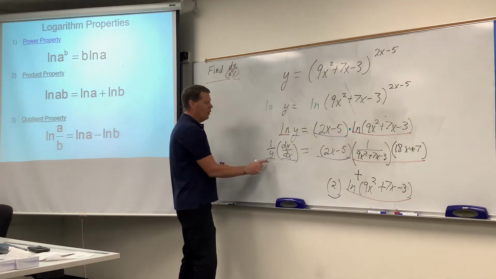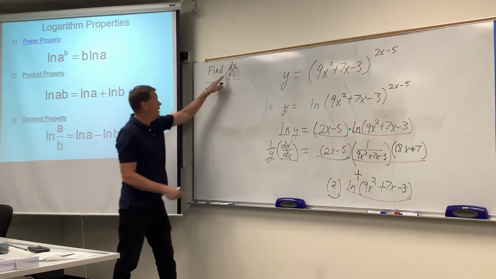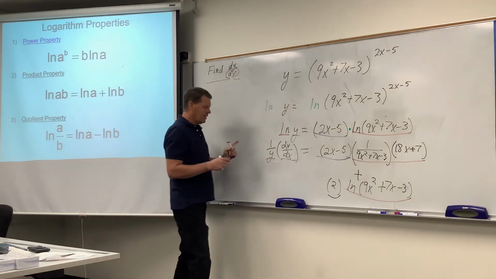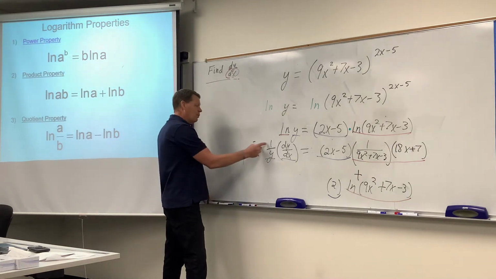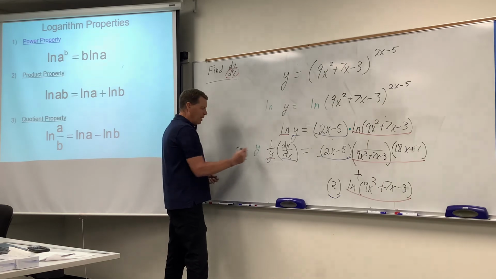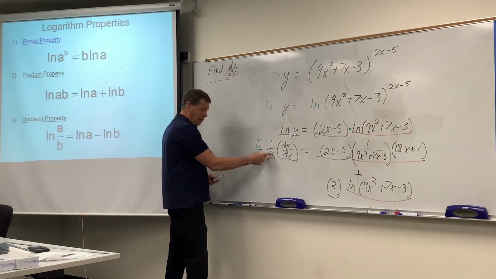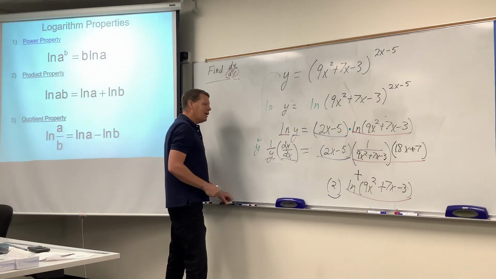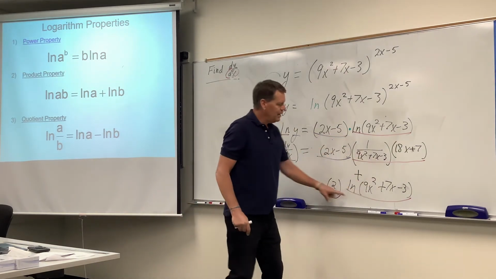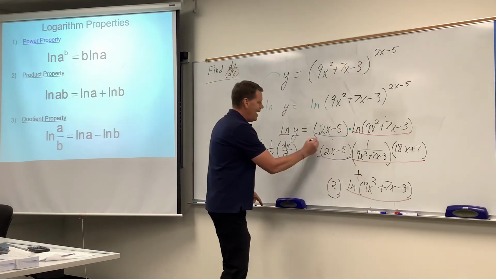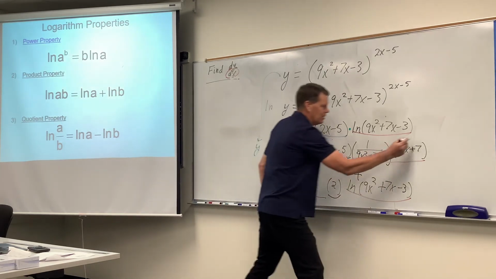We don't want 1 over y dy dx, we just want dy dx. So, just like the question we saw earlier, you get rid of 1 over y by multiplying by y. You can do that over here, and that'll clear it out, won't it? And then you're going to multiply this entire other side as a quantity. Let's put a big old grouping symbol around it.